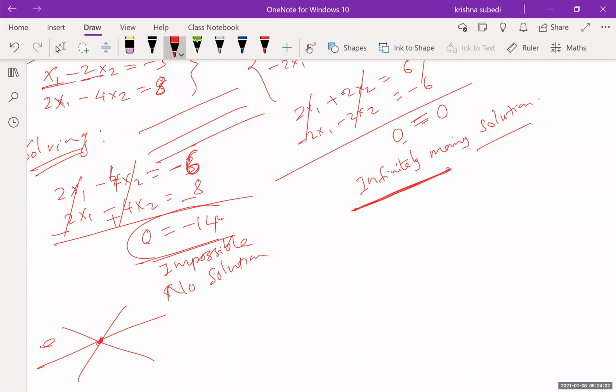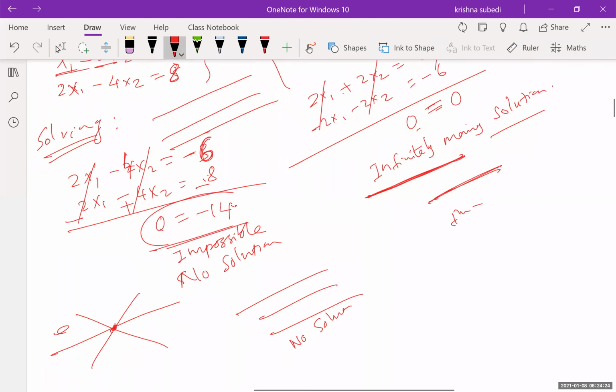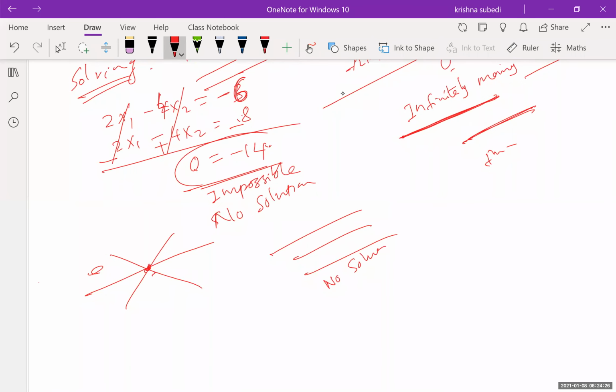They do not intersect if they are parallel. In that case, we say no solution. But if the lines overlap, then we call it infinitely many solutions. Only three situations can exist: either one solution, or infinitely many solutions, or no solution.